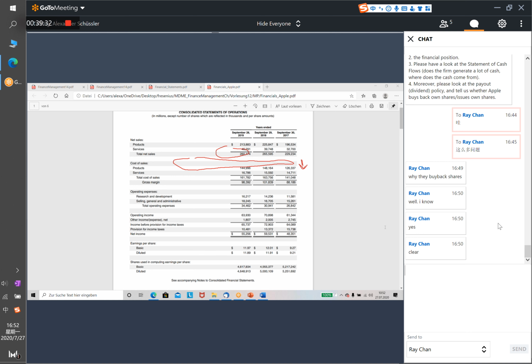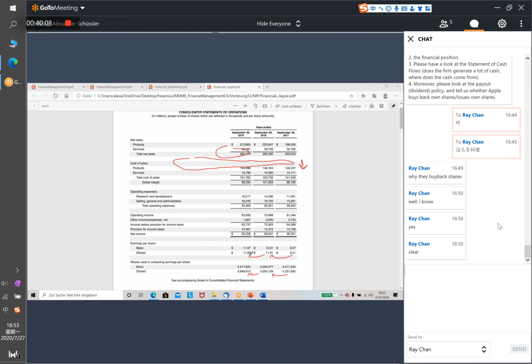And then the fourth exercise is about the payout policy. We have to look at whether Apple pays a dividend, and whether Apple buys back its own shares. We already talked about the buybacks. Apple is buying back shares, and that's why the number of shares outstanding is going down, and you see how the earnings per share develop.